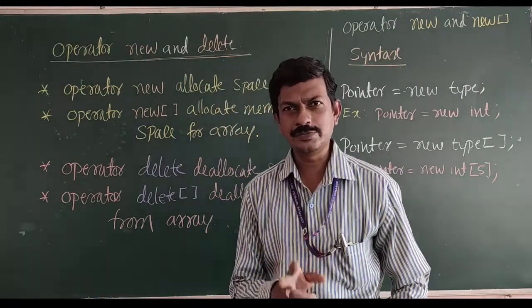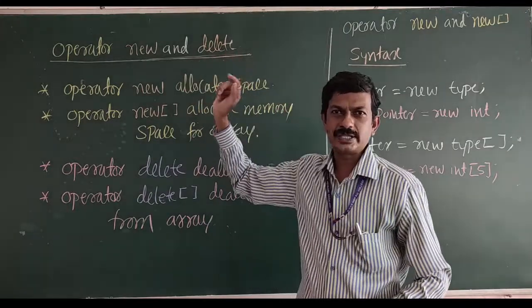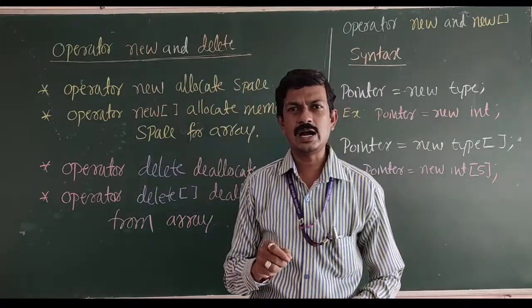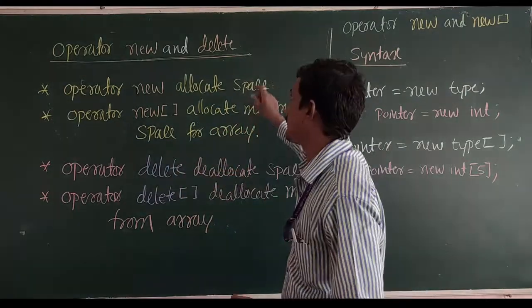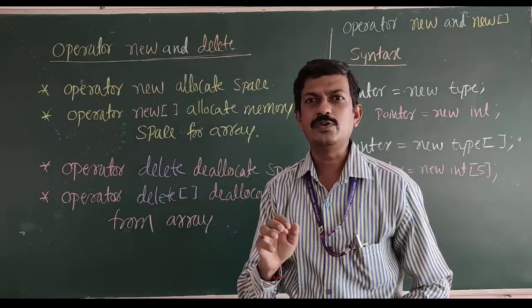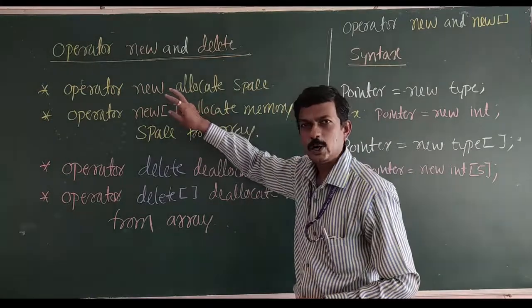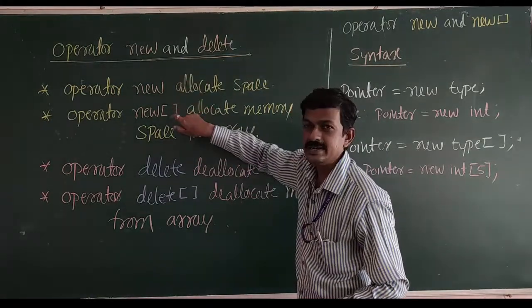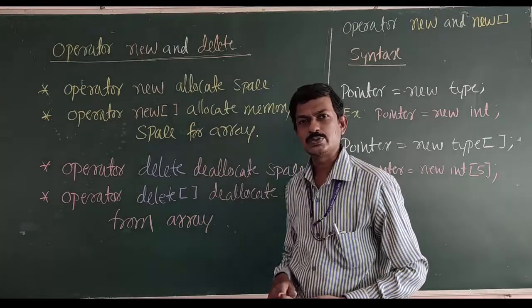New allocates extra memory for a given linked list, and delete deletes the extra allocated memory, in which we have two different operators, new and new with square bracket, delete and delete with square bracket.